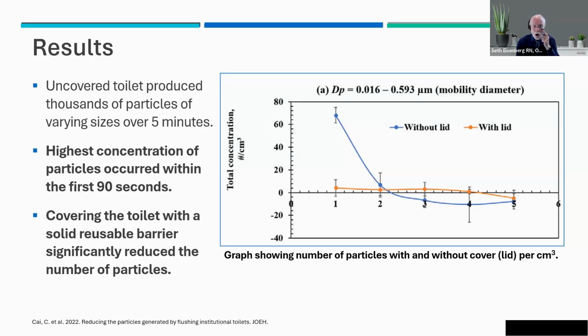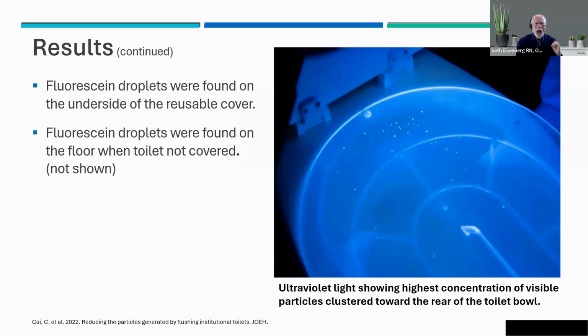This is a graph from the article that shows you the reduction. Without a lid was the blue line, and the gold line showed the concentration of particles when we covered it. And you can see the huge difference there. This is a picture using fluorescein, an indicator dye that we added to the toilet water, and then we used an ultraviolet light.